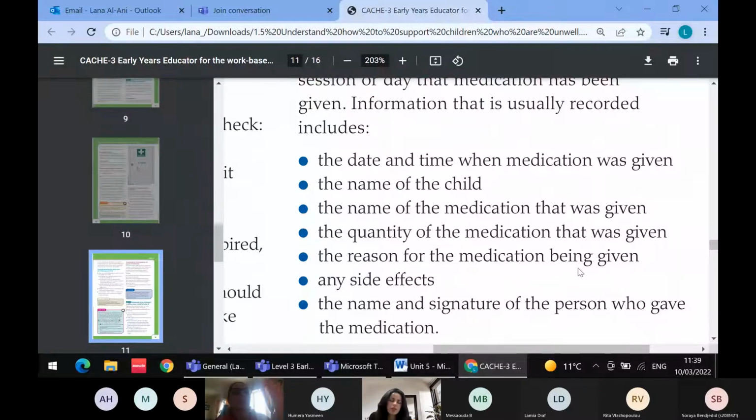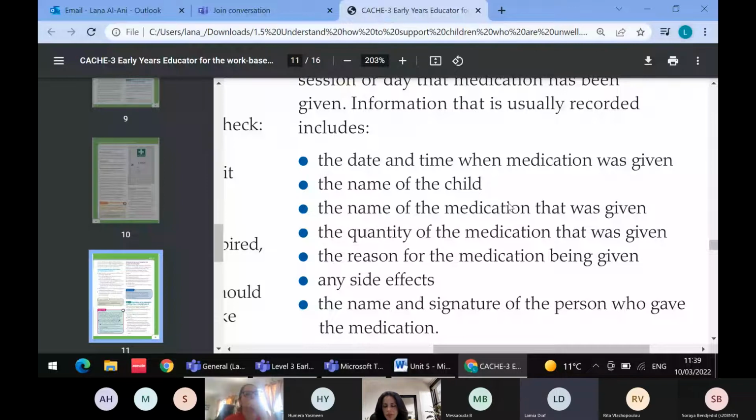And how about keeping a record of the medication? Can you think about what you are going to record about this medication? Can you think? What can you record? The quantity and the reason as well. Time. Yes. How many times or at what time? Very good. That's very, very important.